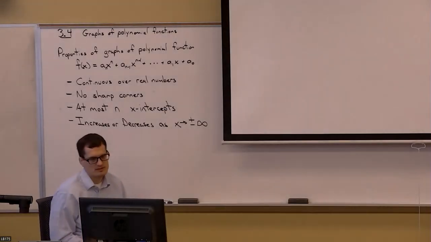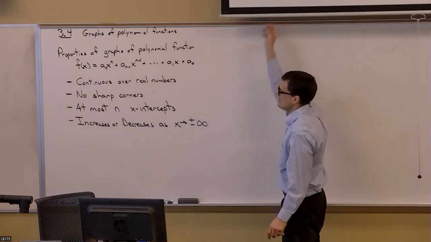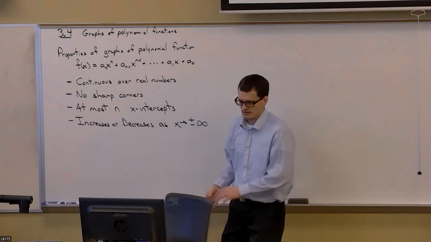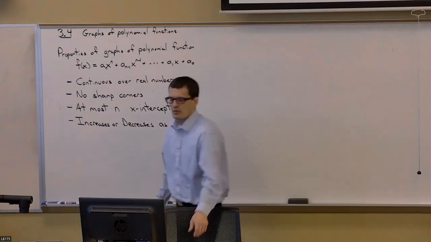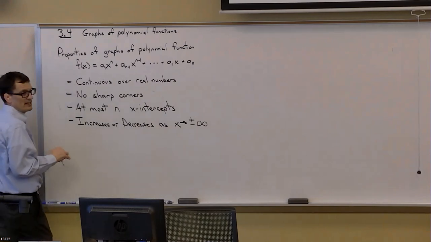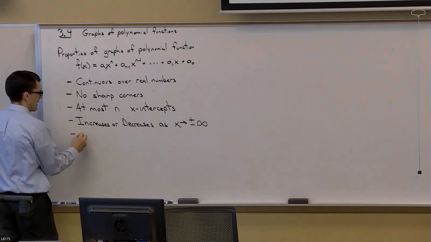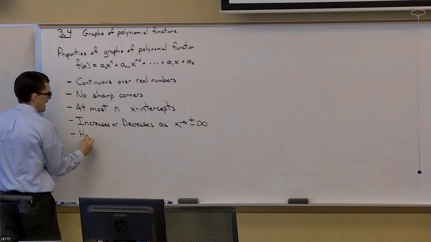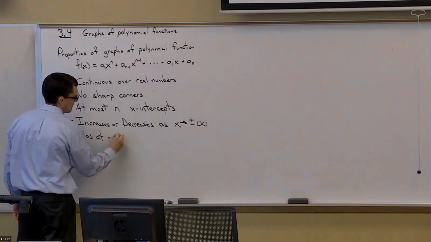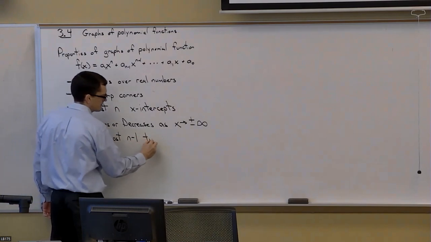So, if it can have at most n x-intercepts, we know it decreases or increases as we go off to infinity, and has at most n minus 1 turning points.